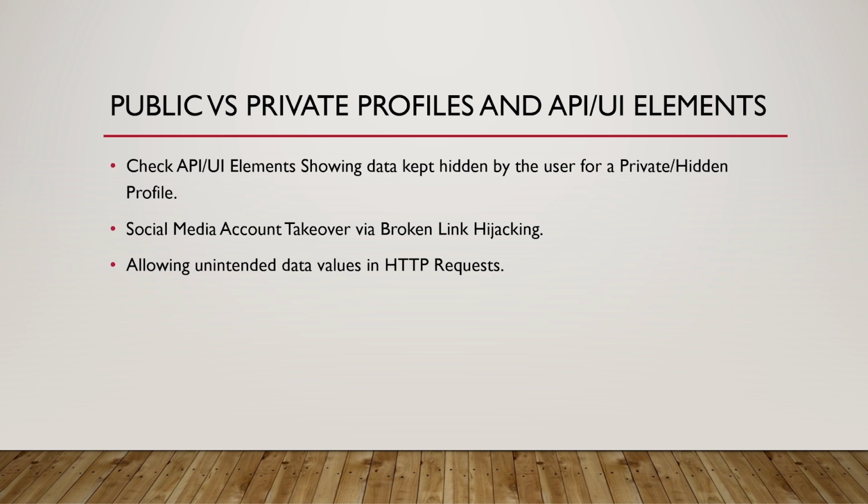But sometimes there is a miscommunication between the APIs and the UIs. So even when privacy is turned on for that particular user account, there are sometimes UI elements that leak that information anyway, right?